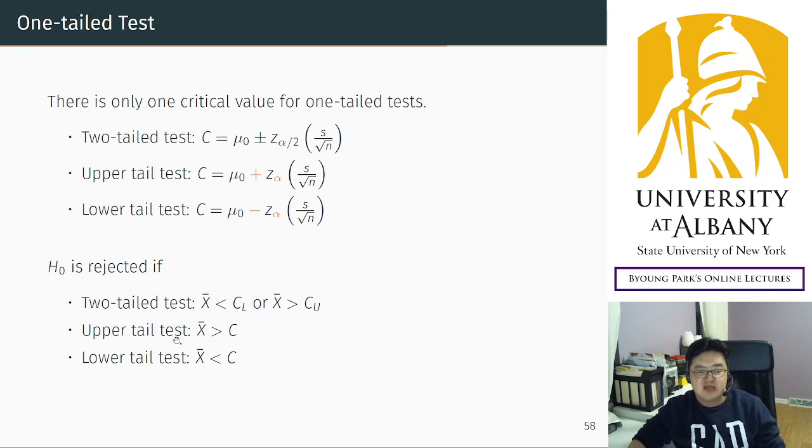So the upper tail test rejects the null hypothesis if the sample average is larger than the critical value, and the lower tail test if smaller than the critical value. So the way you calculate the critical value changed, and the rejection rule changed in the sense that you have to think about the direction. It only considers one direction, but the general idea is the same, right?